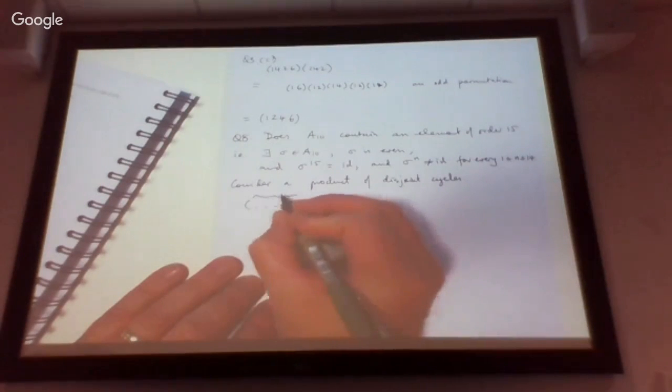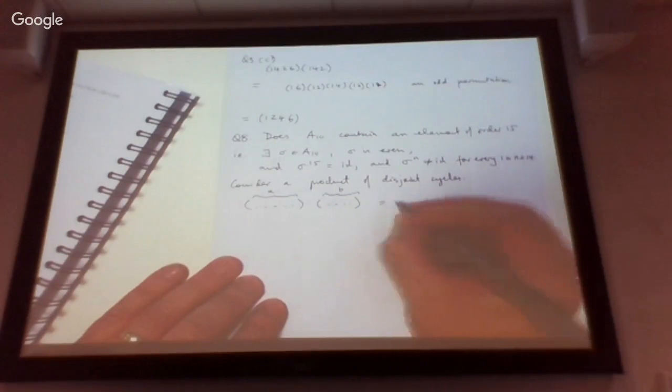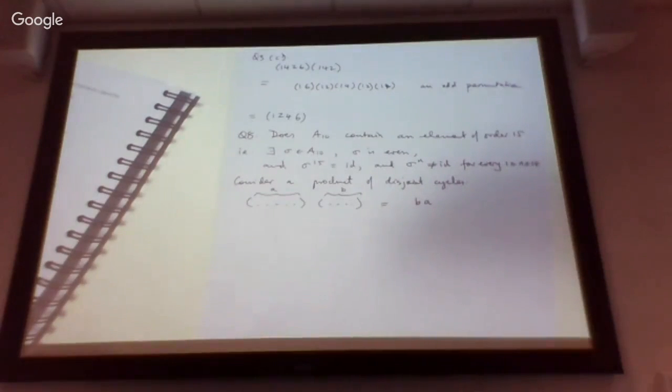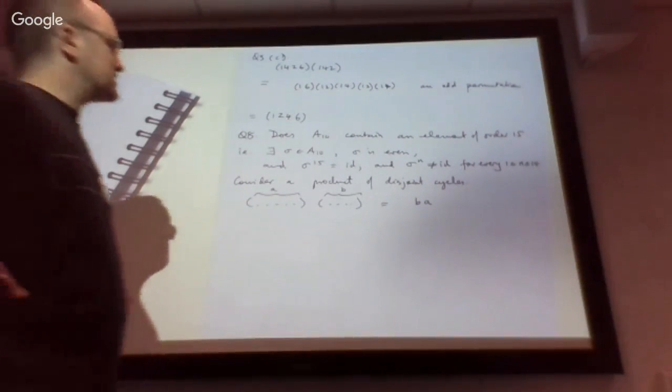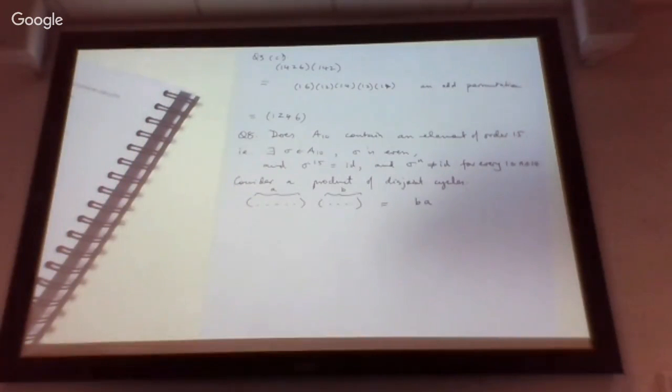Let's call them A, B. Remember, disjoint cycles commute. AB is equal to B after A. It doesn't matter which one you apply first, because they're both operating on different symbols, so they don't interfere with each other. So you can apply them in either order, so they commute.